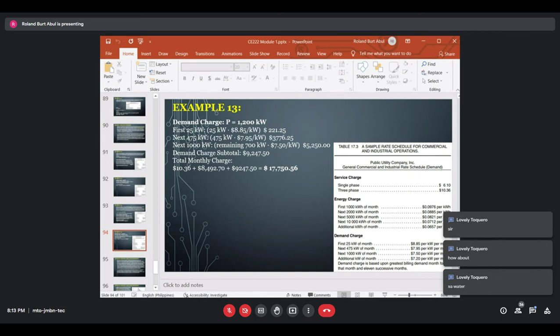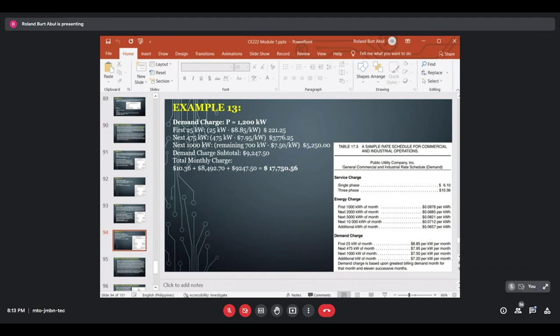So, sige, proceed ta. Next is the demand charge. Since nag-occur ang abnormality, ang power demand nga na-record karon is 1,200 kilowatts. Karon, kuhaon nato ang demand charge based on the 1,200 kilowatts. Kuhaon ang first 25 kilowatts times sa iyang rate of $8.85 per kilowatt. Then the next 475 kilowatts multiplied by the rate of $7.95 per kilowatt.